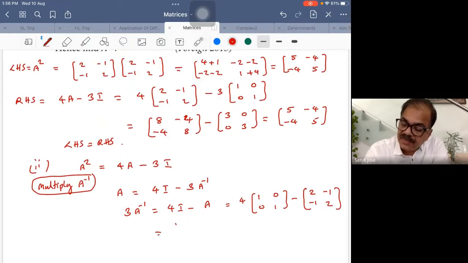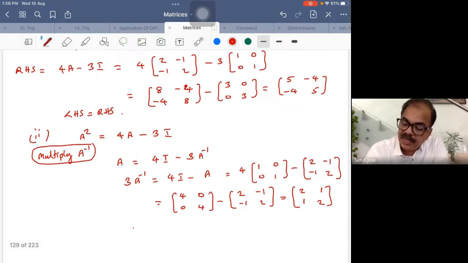We try to simplify, take 4 inside, 4 0 0 4 minus 2 minus 1 minus 1 2. And you subtract the corresponding elements, you'll get 2, 1, 1 and 2.